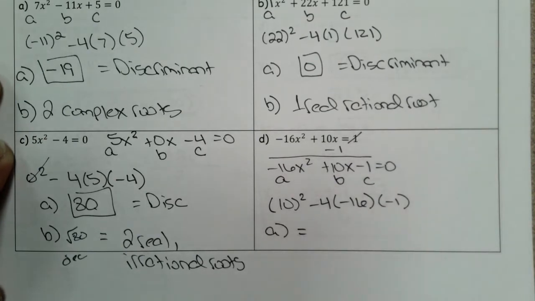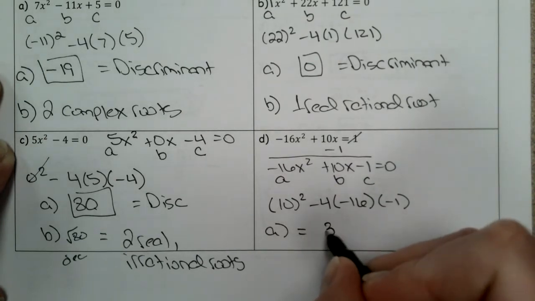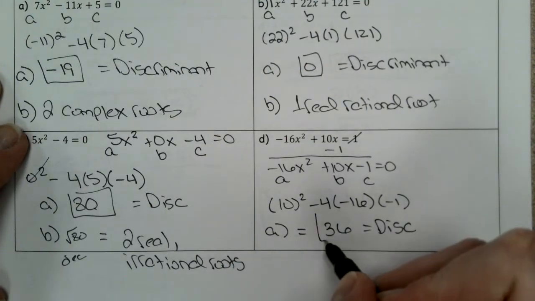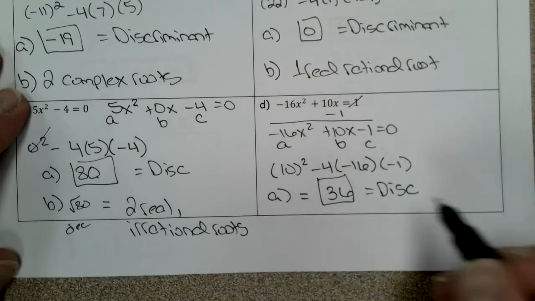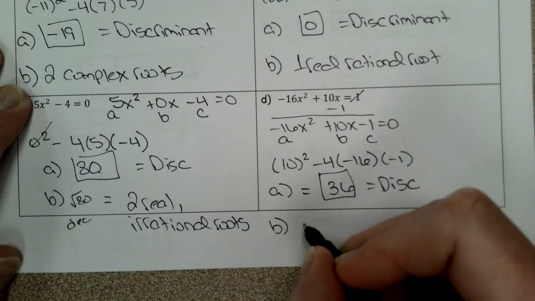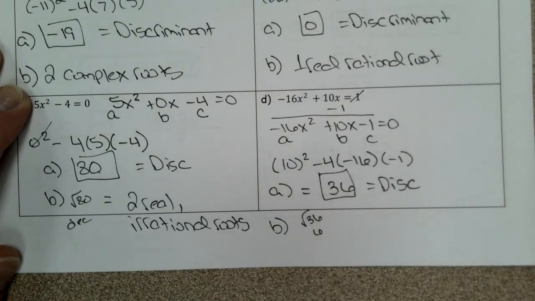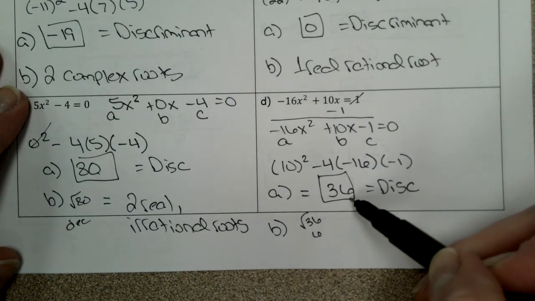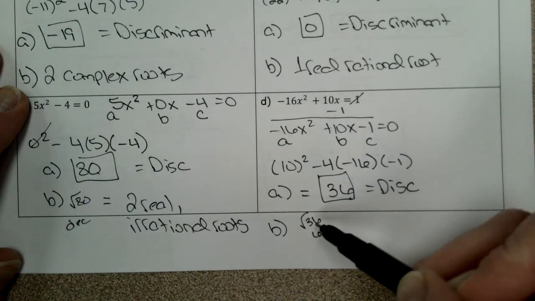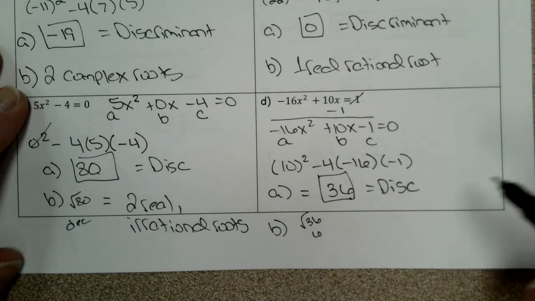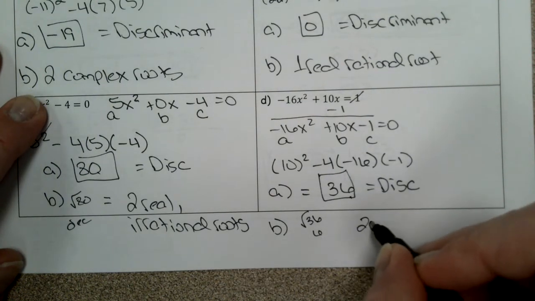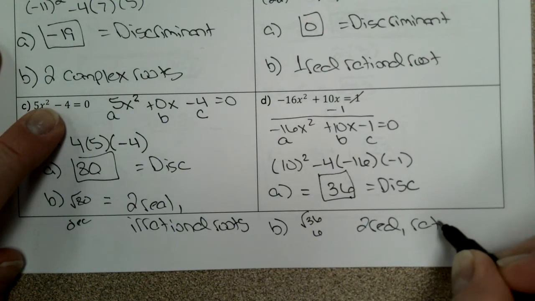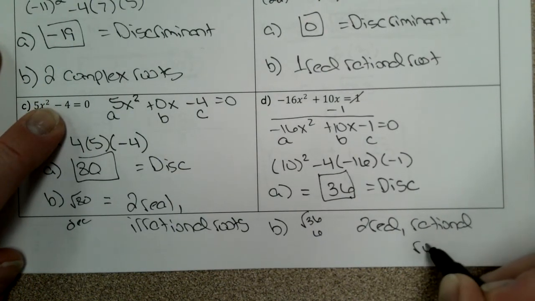I plug that into my calculator, and I got 36 for my discriminant. The square root of 36 is 6, and so if you look up above, 36 is greater than 0, and it's a perfect square, and so because of those two things, I get 2 real rational roots.